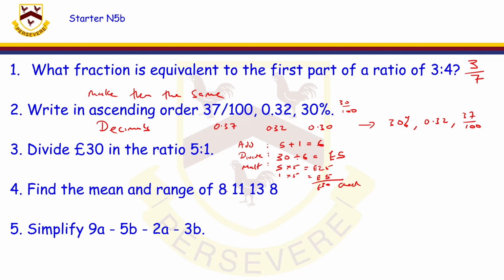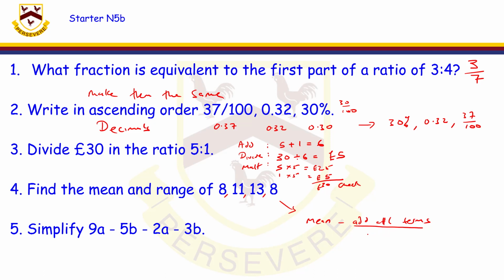Okay, this next question, we've got to find the mean and the range. Anyone remember what the mean is? Add them all up. Add all the terms up and then divide. I'm going to set it as a fraction.